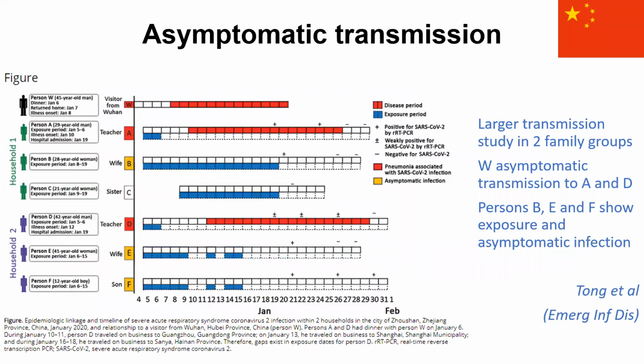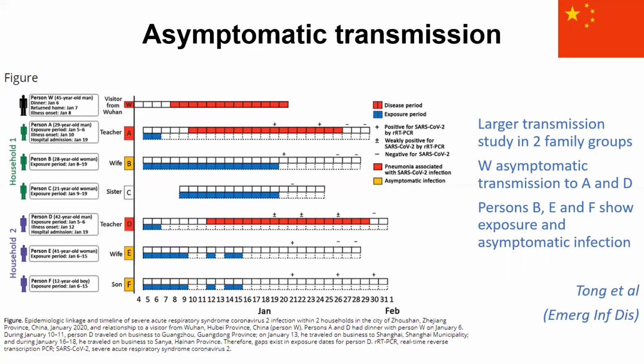Another example is this transmission study from Zhendong Tong from the Zhoushan Center for Disease Control and Prevention, published in Emerging Infectious Diseases. This is a larger transmission study in 2 family groups. The index case is W at the top here. The white boxes show no symptoms and the red boxes symptoms. The blue boxes show potential contacts between people who later was confirmed to have coronavirus disease.